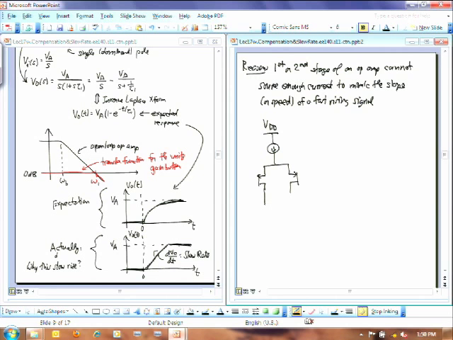And I'm going to have a second stage of this, but I'm just going to draw my second stage in some shorthand here. I'm just going to say the second stage is some amplifier, which could be exactly the same as what we just drew last time. So that second stage is just shorthand for this thing right here.